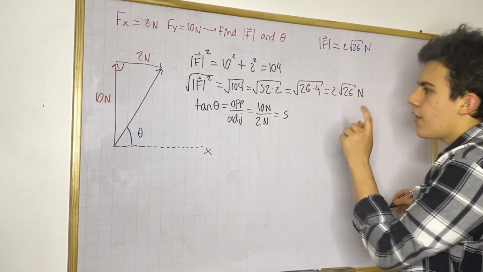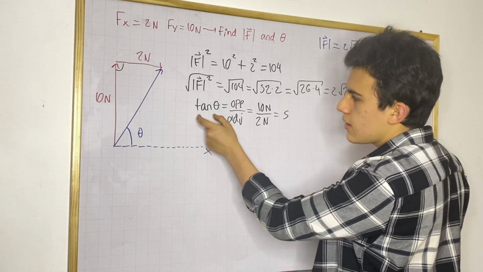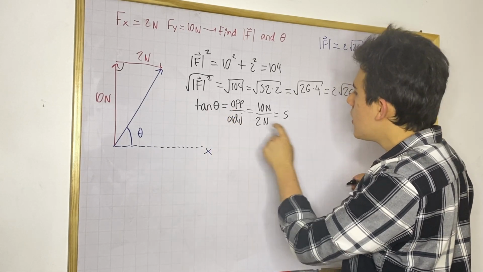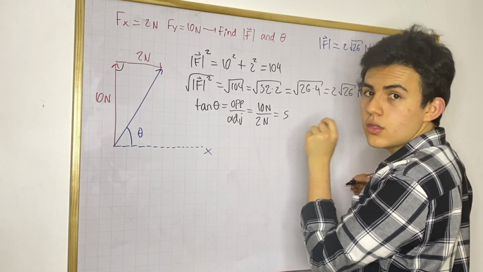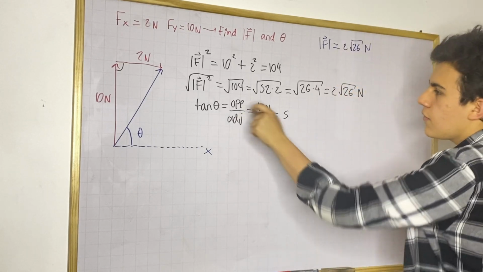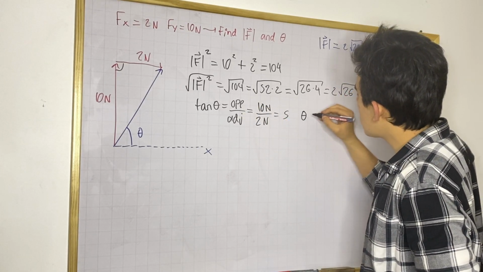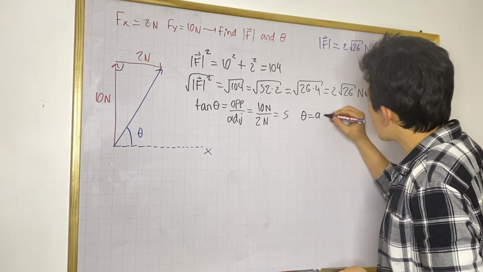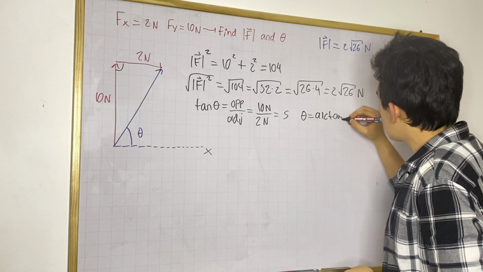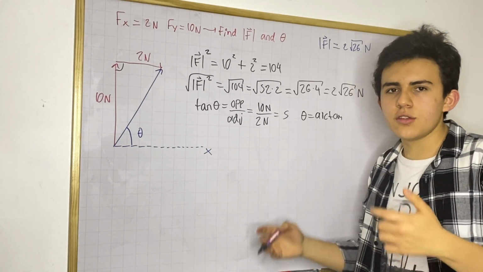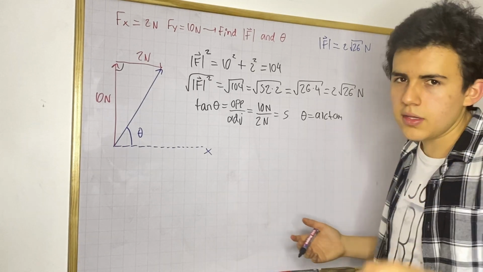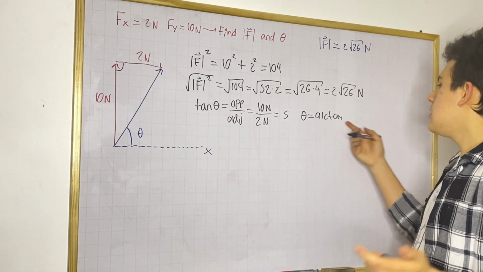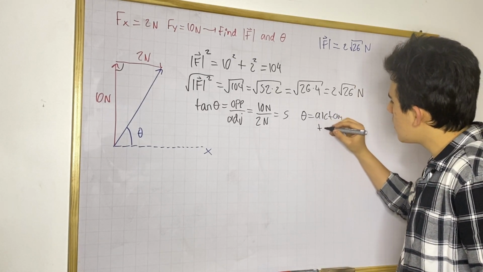Okay? Remember that we're basically finding the value of tangent of theta, which is just going to be 5. This has no units. Now, how do we find theta? Well, we now can take arc tangent. So we can say that theta is equal to arc tangent, which is the same as tangent to the -1 in your calculator. You might be used to that notation, but I'm going to write it here so you don't confuse it.